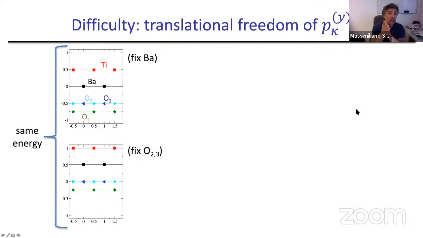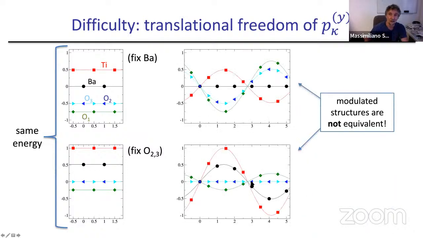And the thing is that as long as we stick to homogeneous distortions, these two are perfectly degenerate because they're related by a rigid translation of the polar phase of the crystal. And so the double well potential that I get from this or from this is exactly the same. So trouble starts when I use the prescription I defined in the previous slide to define modulated structures, because this sort of translational arbitrariness in the polar mode leads to different results for the modulated structures.